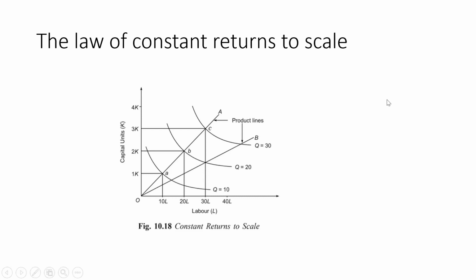When you look at an increase in capital from 1K to 2K, and an increase in labor from 10K to 20K, you will have the output doubled from 10 to 20. So it has also just doubled, which shows there is constant returns to scale.